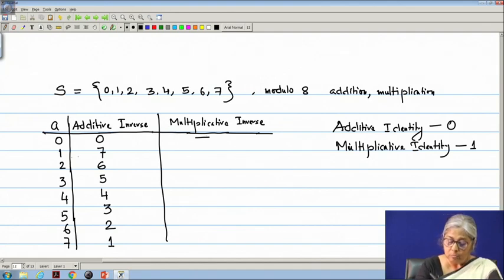Now, for 7 we get the multiplicative inverse 7, because 7 into 7 is 49, and we have just seen that 49 modulo 8 is 1, but for 6 it does not exist. Then for 5 it is 5.